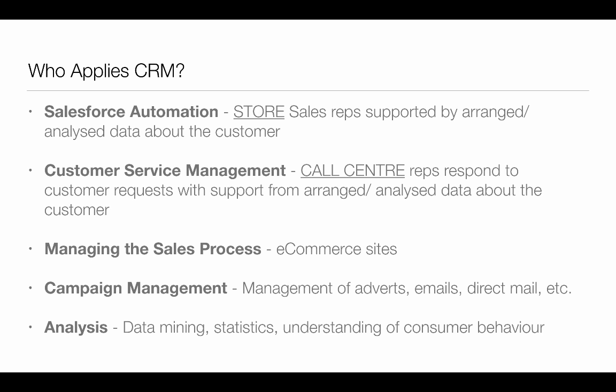Your campaign management, use CRM, so you're going to put adverts and emails and direct mail, and maybe Facebook adverts. So who do you target? Where do you target? So we know that this demographic is more likely to respond to buying this product. So we're going to target the channels they use.